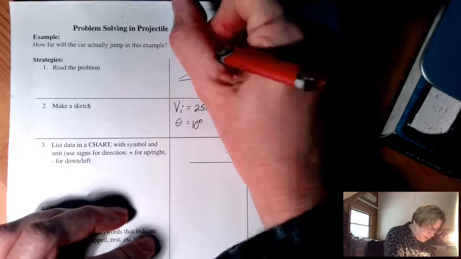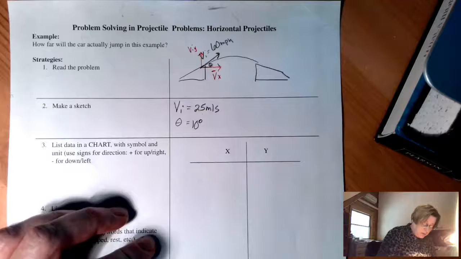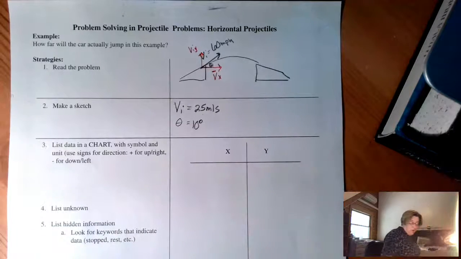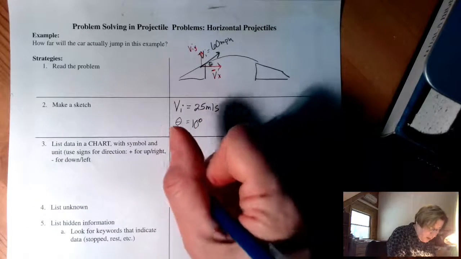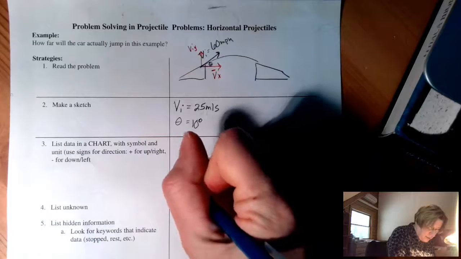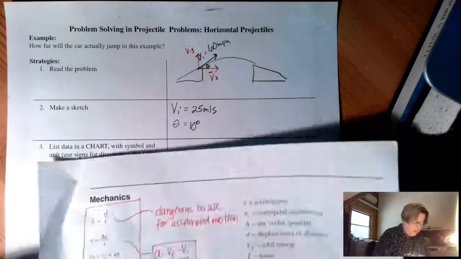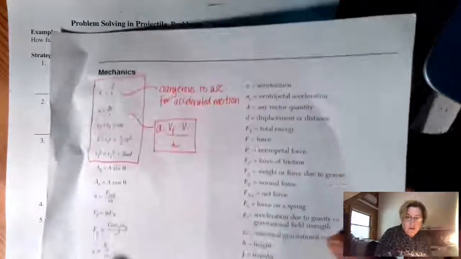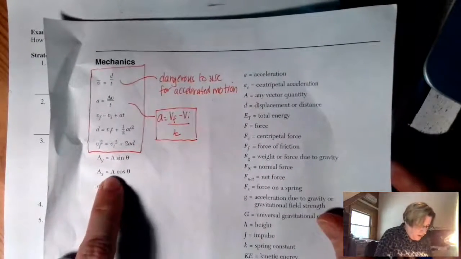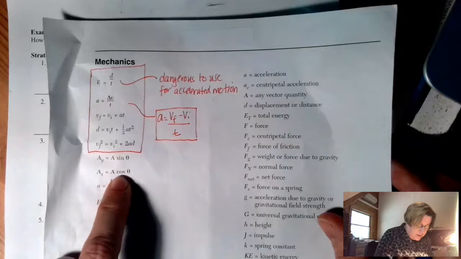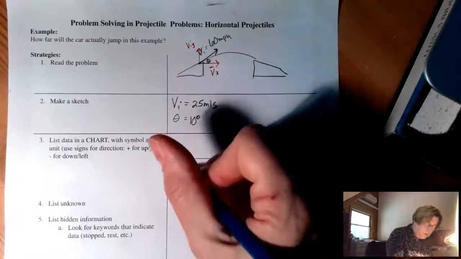So if we want to know the Vx, the one that never changes, that is the X component. And if you remember on your reference tables, the X component is whatever the diagonal vector is times the cosine of theta. So Vx is going to be 25 meters per second times the cosine of 10 degrees.